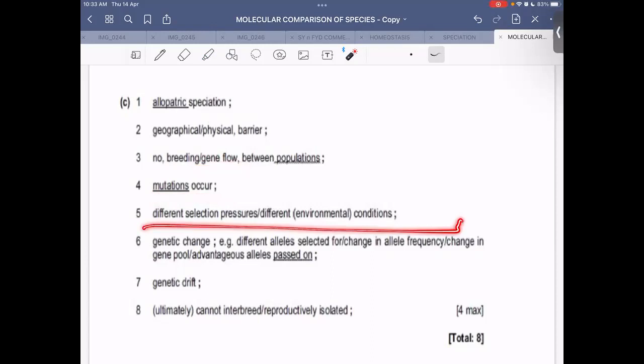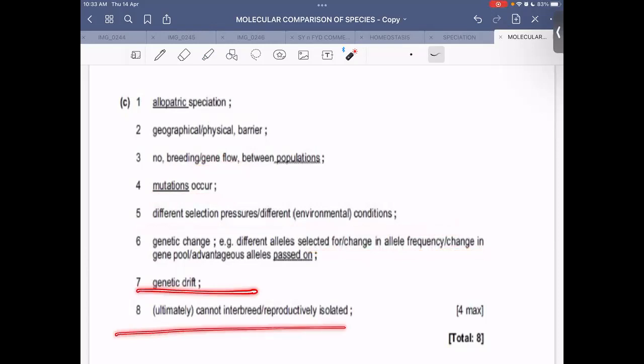Organisms are geographically separated, so they are exposed to different environmental conditions, thereby changing the allele frequencies, causing genetic drift. Since these two groups of fruit flies cannot interbreed, it finally leads to the reproductive isolation of one of them, in this case being Drosophila pseudo obscura.